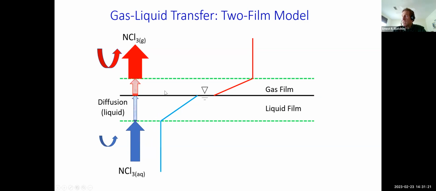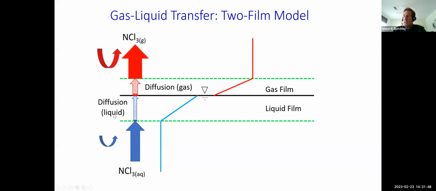We assume that there's a similar film on the other side of that interface, and that transfer of a molecule across that film will also be by diffusion, but now in the gas phase. And once that molecule reaches the edge of that gas film, then mixing behavior that might exist in the gas phase will cause relatively rapid transfer of that molecule. So we have these 4 steps that take place in sequence.